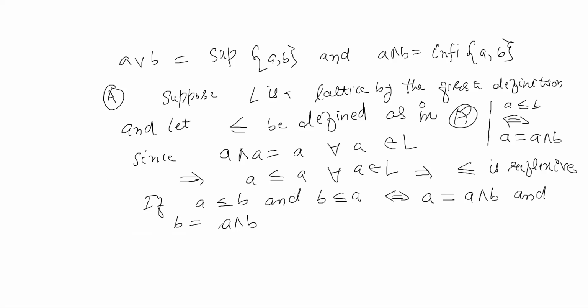So a equals b. It implies and is implied by a equal to b. So this means the relation is antisymmetric.